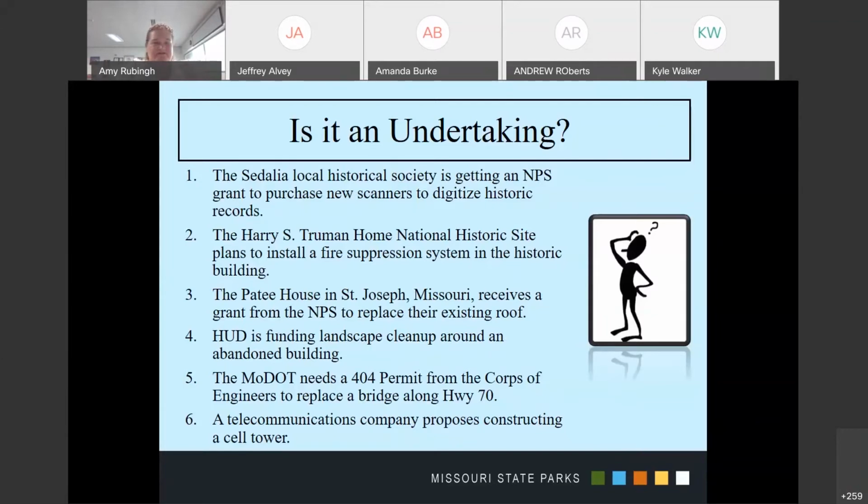Would that count as an undertaking? Number four, HUD is funding landscape cleanup around an abandoned building. Does that count as one? And number five, MoDOT needs a 404 permit from the U.S. Army Corps of Engineers to replace a bridge along Highway 70. And a telecommunications company proposes constructing a cell tower.